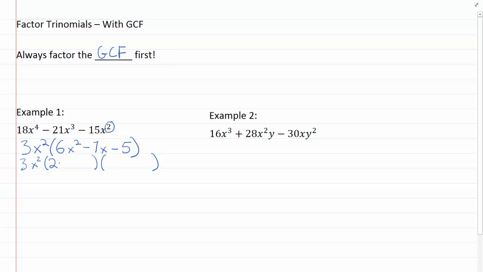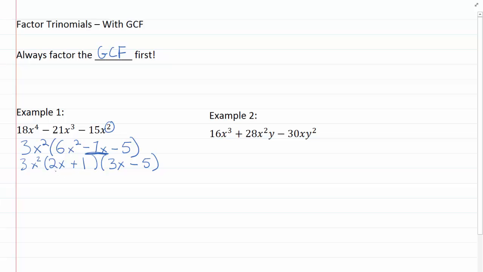So I'm going to guess 2x times 3x. And we also want something that'll multiply together to give us this negative 5 right here. I'm going to try plus 1, minus 5. Positive 1 times a negative 5 would give us this negative 5. And then we want to see whether or not that's going to give us this negative 7x in the middle here.